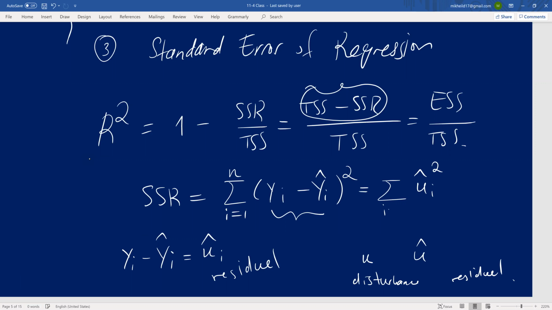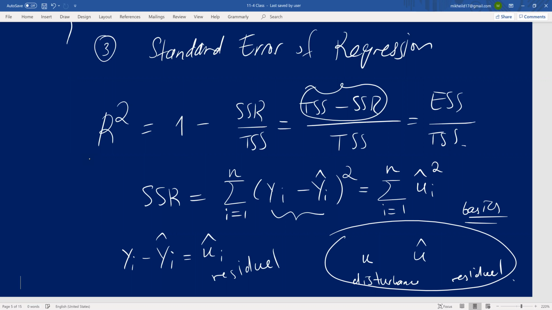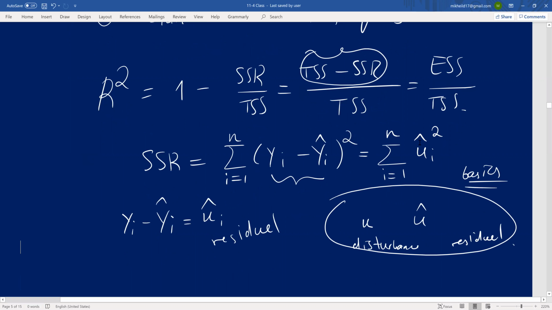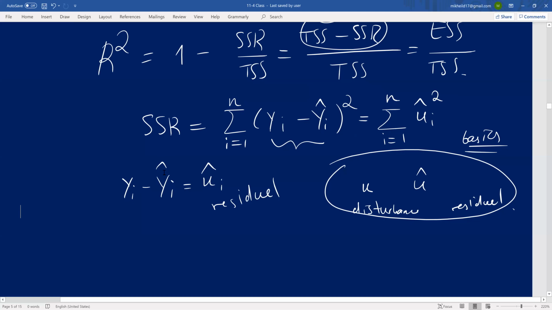I'm kidding, but guys, this is very important. These are basics, right? So that's the SSR, right?